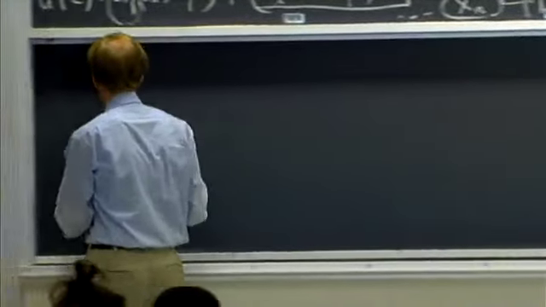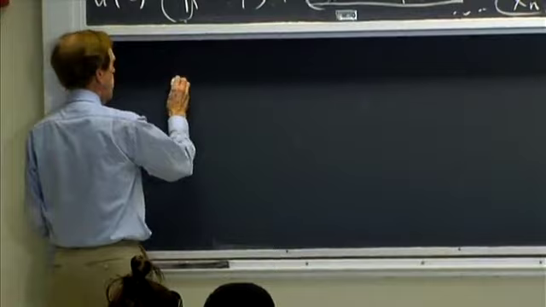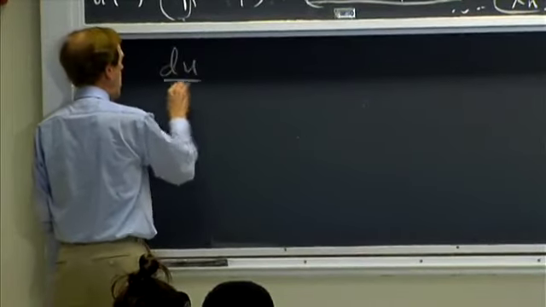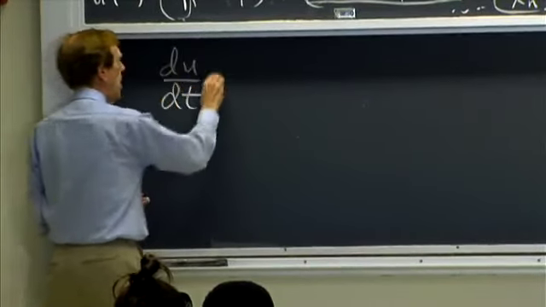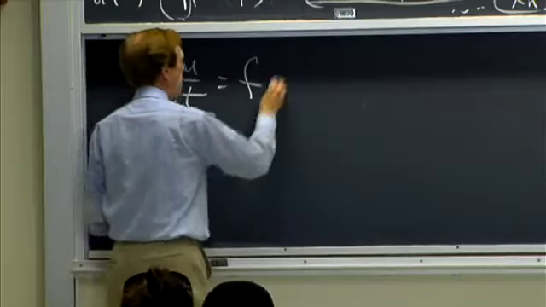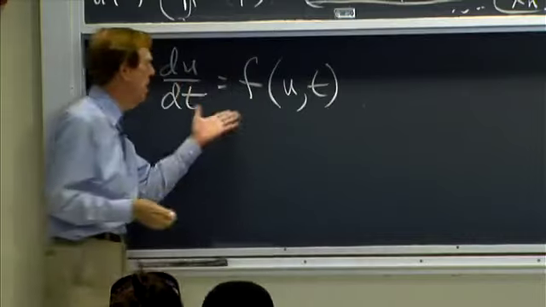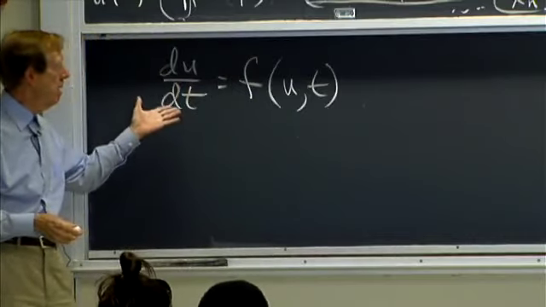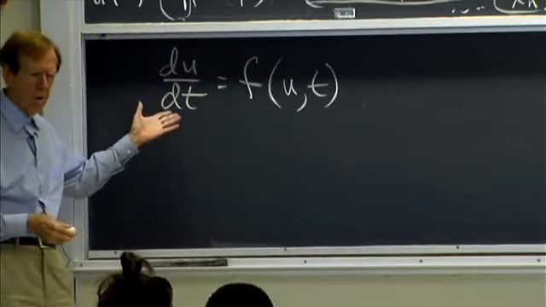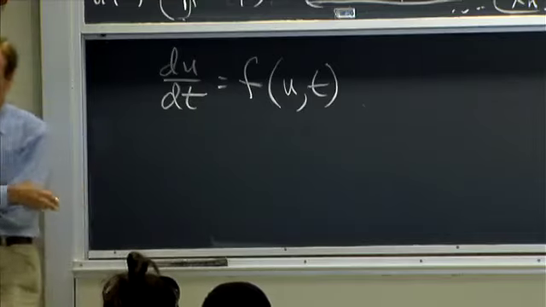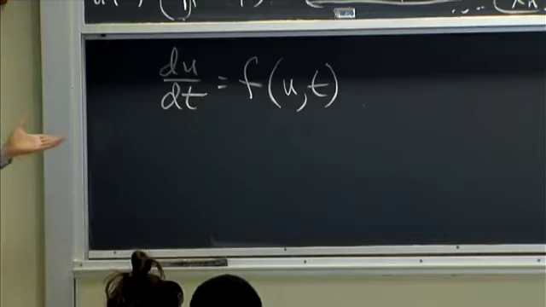So let's take the equation du dt. Let's make it first order, is some function of u often and t. When I write that much down, what have I got?